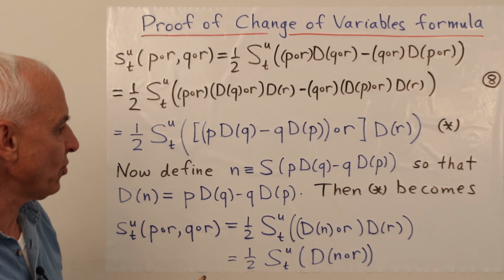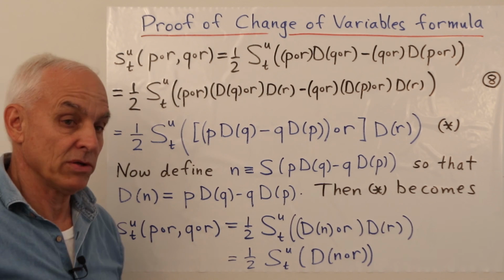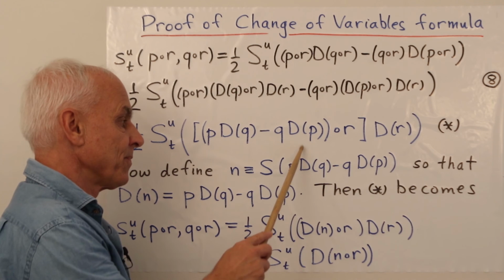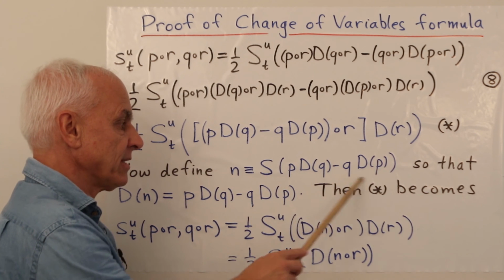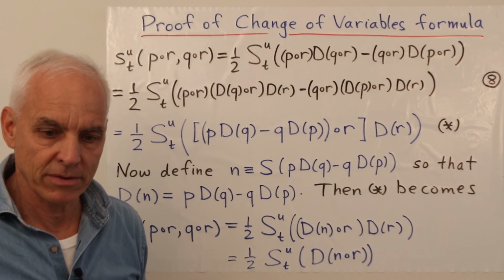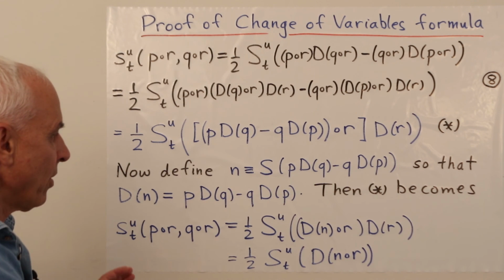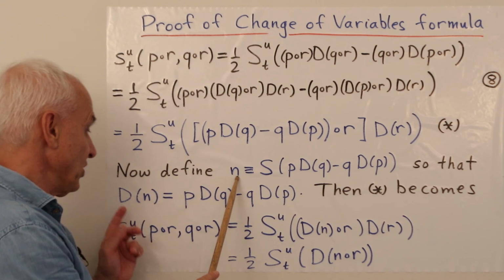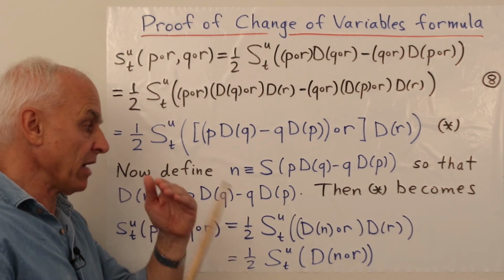And so we're going to introduce a new polynomial called n. It's going to be the Faulhaber integral of this thing here, S of p dq minus q dp. So this is a polynomial or a polynumber, and so we can take its Faulhaber integral, n. What we know then is that if we take the derivative of this thing, d of n, if we integrate and then differentiate, we get right back to where we started.